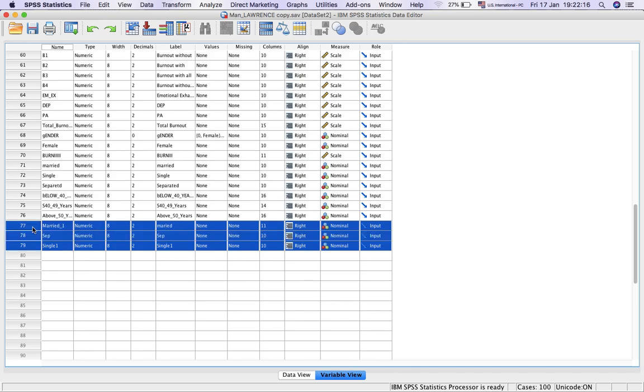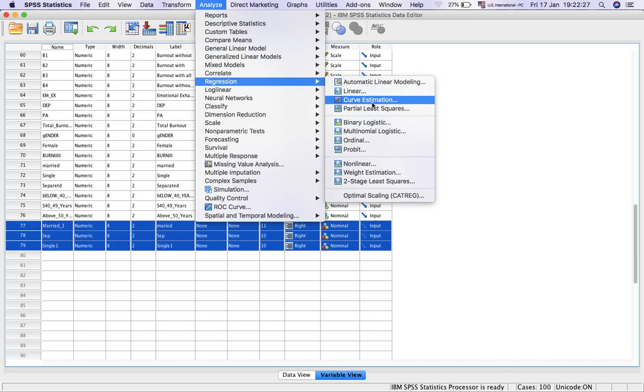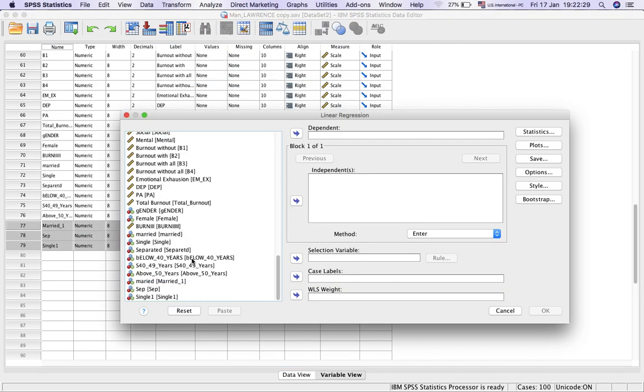It's for you to decide which one you want to use as the reference variable. When running the analysis, you will avoid including the reference variable in the regression. So we have exhaustion, and when you want to run it, you have to leave one of the dummies outside, because that one will be our reference category.